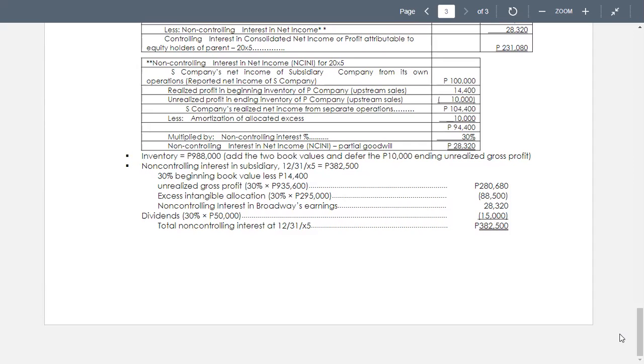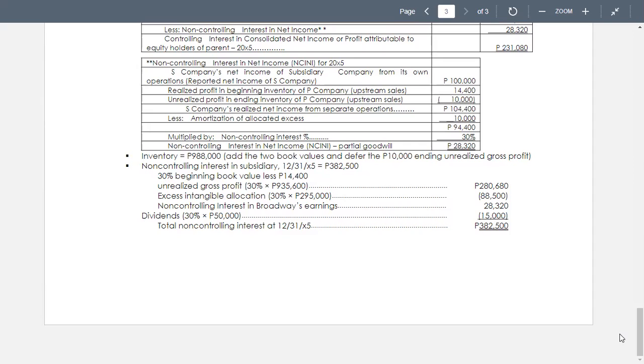Okay, now we go to numbers 9, 10, and 11. We have 3 questions. Now, what are the answers? Use the following information for questions 9 to 11, downstream and upstream sales.